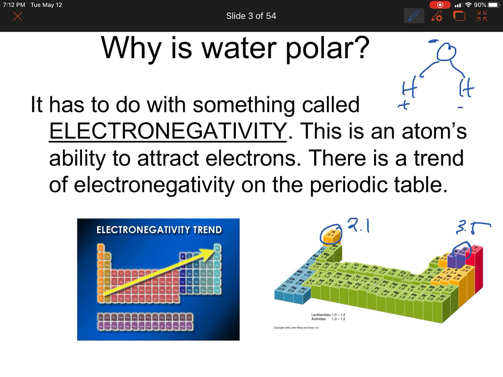That's why these are going to have a slightly positive charge. It's not a full charge, that's why we call them partial charges. I'm actually using this Greek symbol here to indicate that usually. So we've got a partial positive charge on the hydrogens, a partial negative charge on the oxygen. And that's because it's covalently bonded, and because of electronegativity.